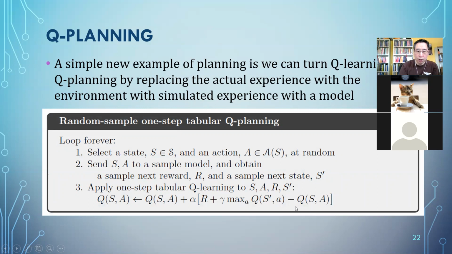This is the exact same formula that we used in our Q-learning algorithm. The only difference here is, again, instead of actually online, on policy, interacting with the environment, we're using simulation. And so what we'll see next is that we can actually get even more sophisticated than just simply doing one step.